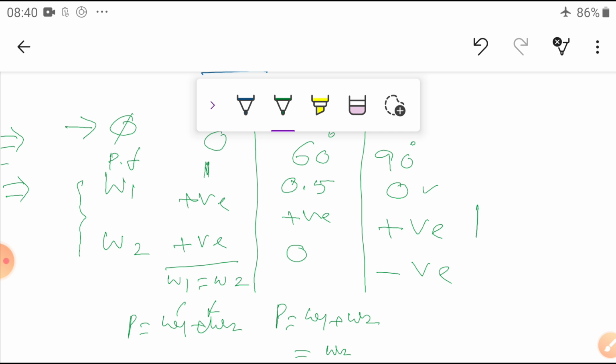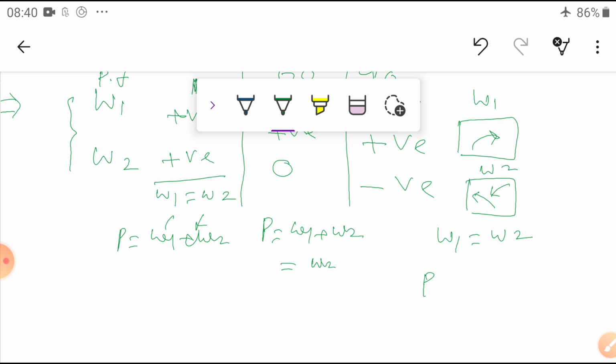That means W1 indicates this direction of deflecting torque, whereas W2 will show the reading in this direction, a negative value. I have already explained what to do with a negative value. So the magnitudes of W1 and W2 are equal, and at that condition the power is equal to 0. W1 plus W2 is equal to 0. They show exactly equal readings but in opposite directions.